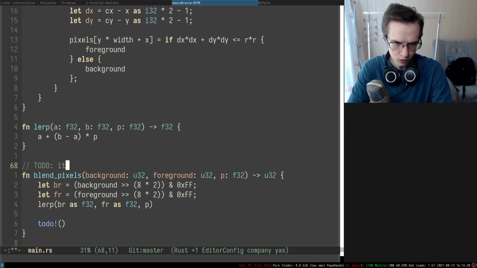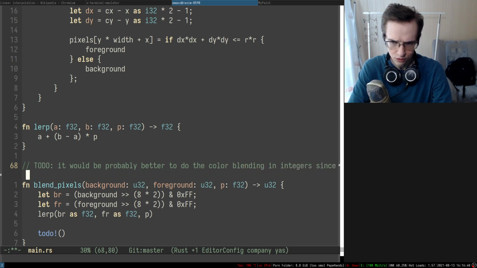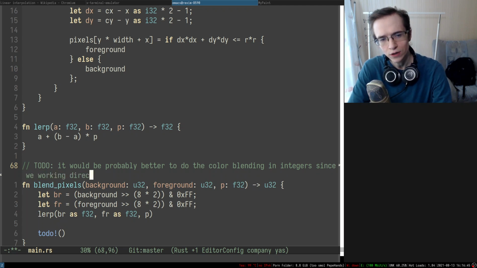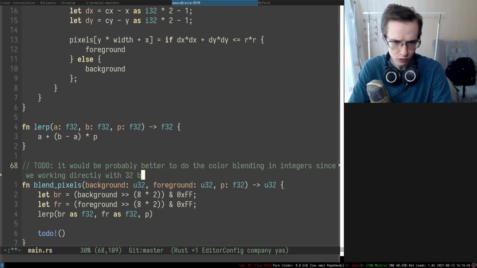It would probably be better to do the color blending in integers, since we're working directly with a 32-bit color representation.